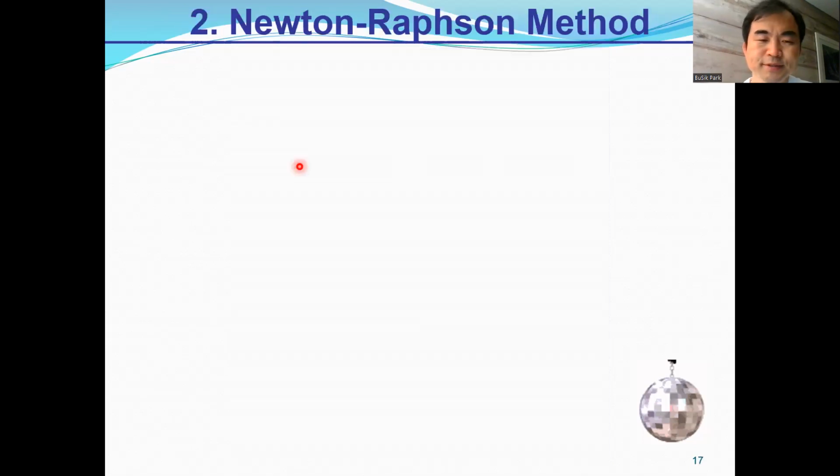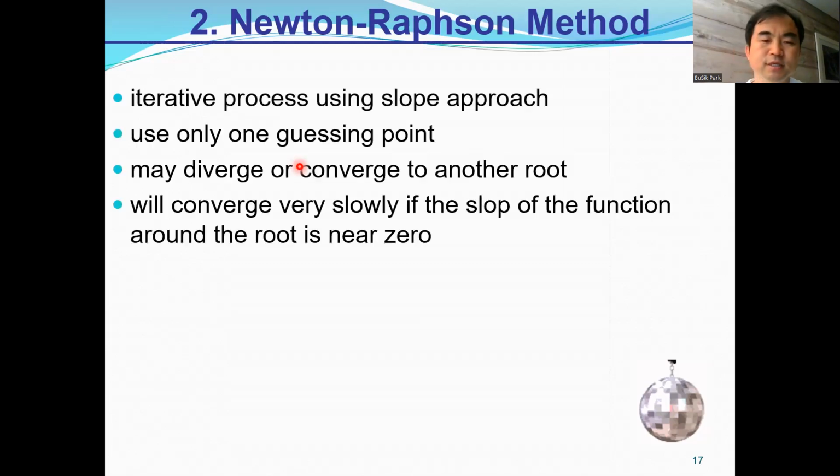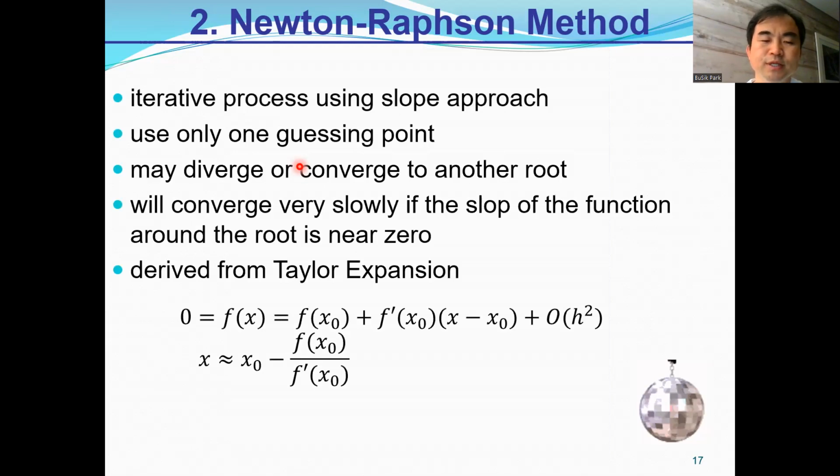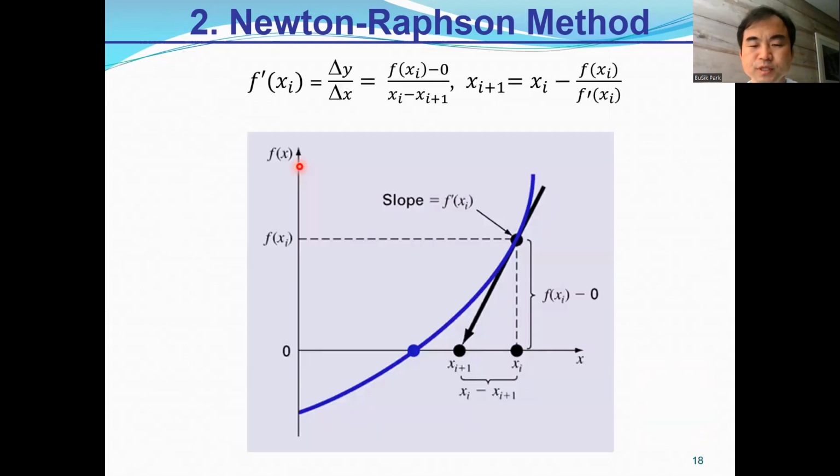This would be our root. So another method, an open method, is the Newton-Raphson method. And this is how we can calculate it.